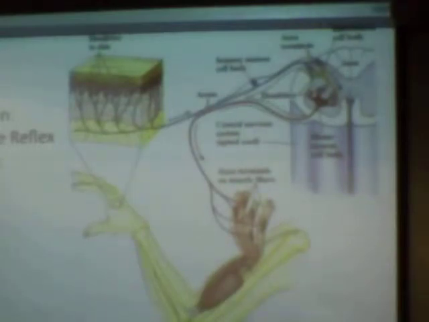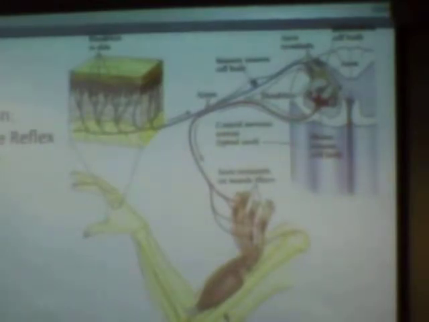That pain signal, those pain fibers, we can talk about pathways in a minute, go into the spinal cord and synapse with the alpha motor neurons for the flexor muscles, which will withdraw the limb from the painful stimulus. This is a segmental reflex. This is not the brain telling you to do this.